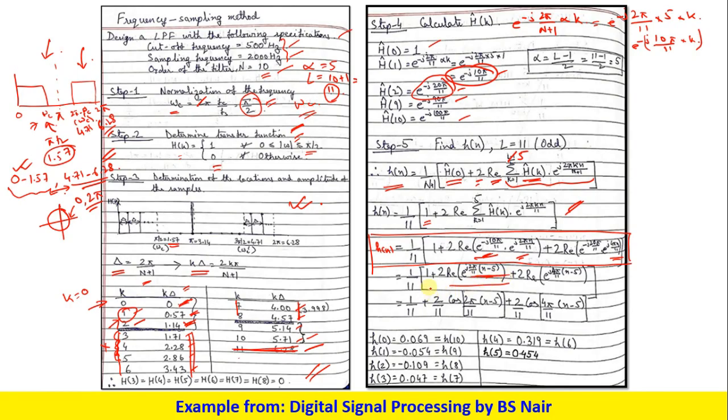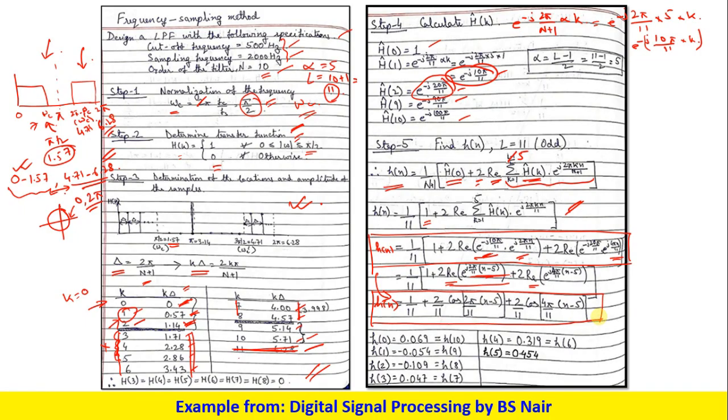If you break it down, you get 1 by 11 plus 2 by 11 cos of 2 pi by 11 n minus 5 plus 2 by 11 cos of 4 pi by 11 n minus 5. Why? Because we are only taking the real components. So for h of n, we get this equation.